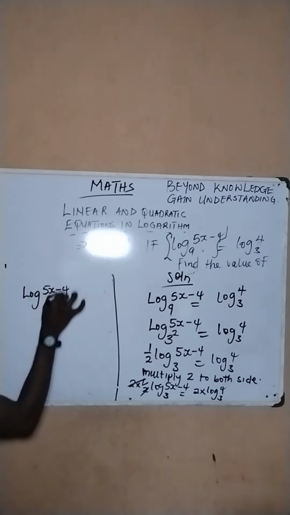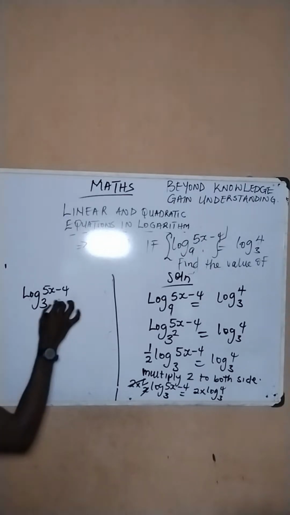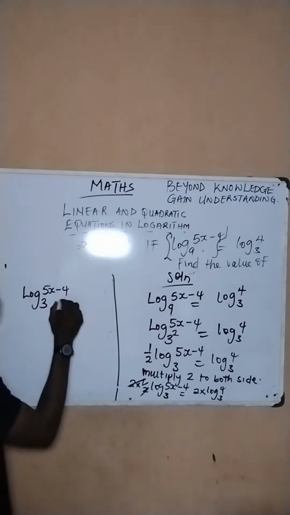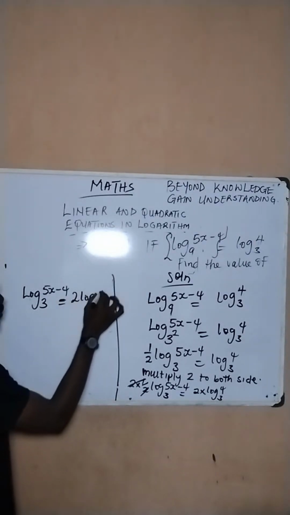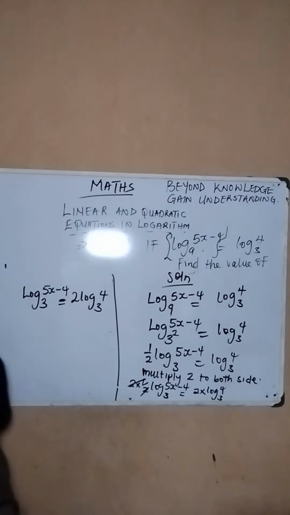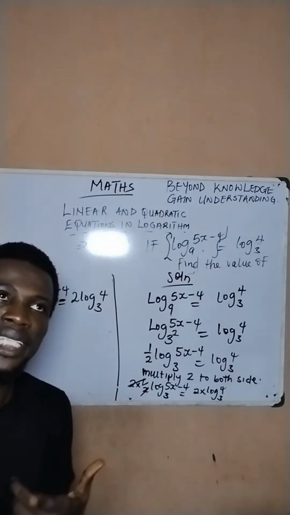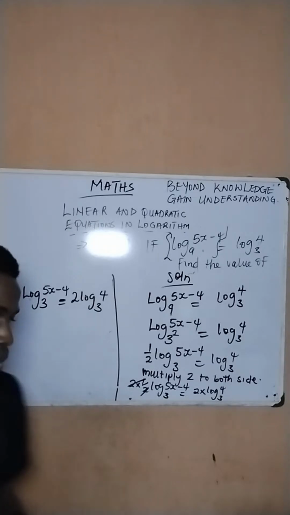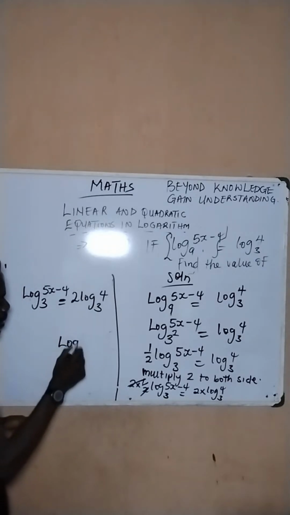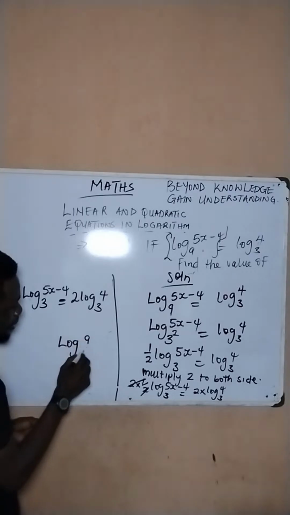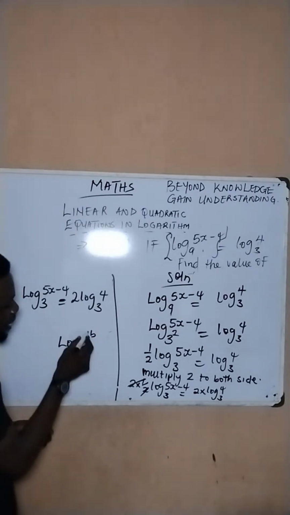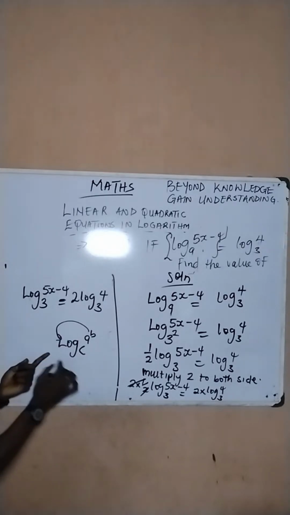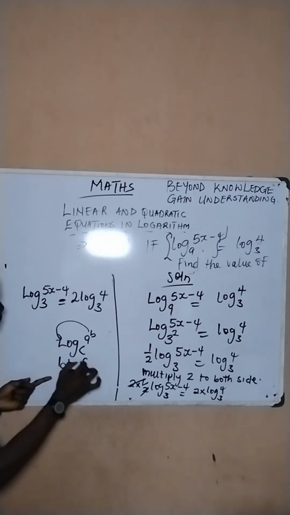5x minus 4 base 3 equal to 2 multiplied by log 4 base 3, which gives us 2 log 4 base 3. And then we can now apply that same law in logarithm, the power law, which is that if we have log a raised to the power of b base c, the power can become the coefficient, so it becomes b log a base c.